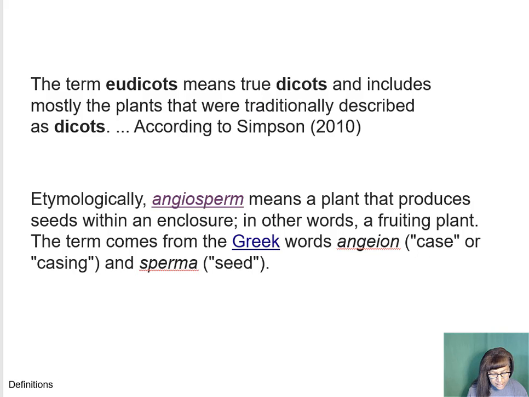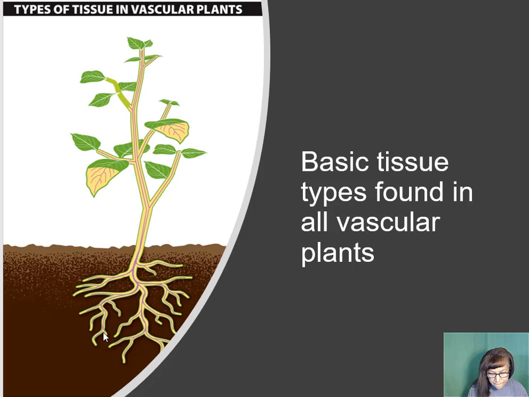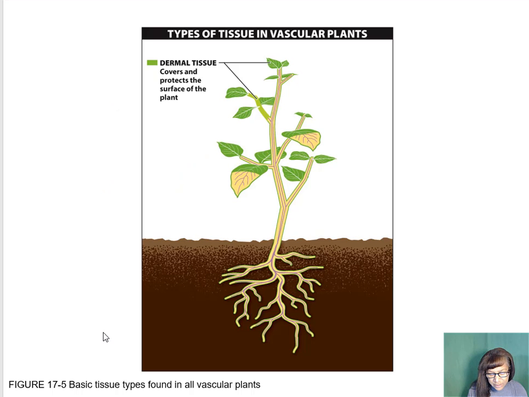Okay, let's get into looking at the different types of tissues in plants. So plants have tissues too. We typically don't think of them as having immune systems and different tissues just like we do, but they're organisms and they have to function, and they actually do have all of this structure. So let's take a look at the basic tissue types found in all vascular plants.